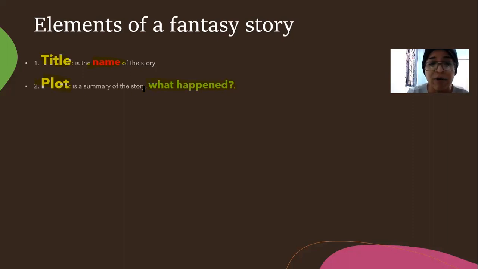Dice aquí, it's a summary of the story. A summary is like un resumen of the story that answers the question, what happened? Responde a la pregunta, what happened? ¿Qué sucedió? Bueno, ese es el plot. Okay, that's the plot. Like a synopsis.